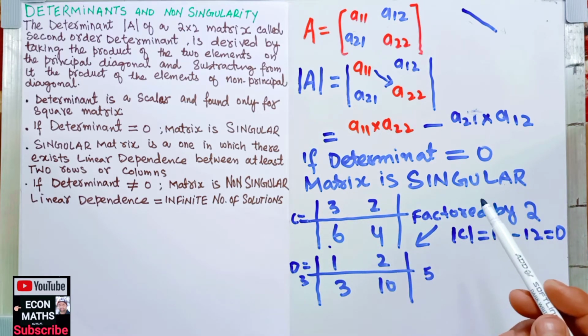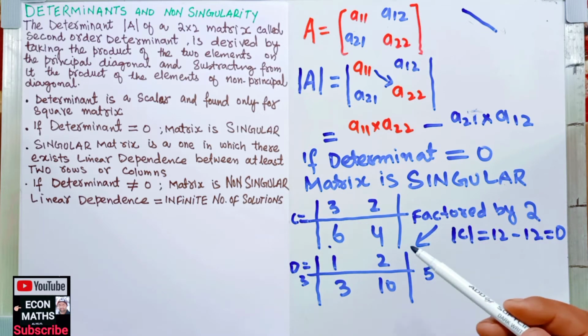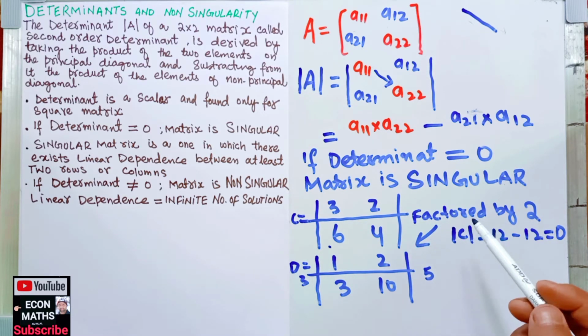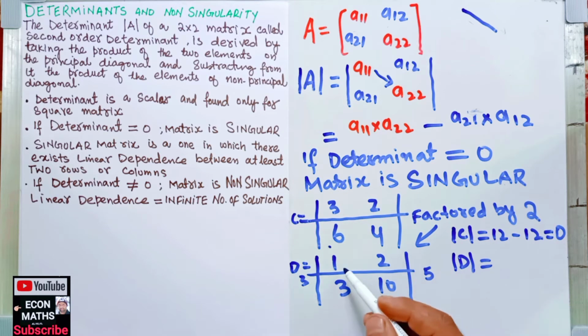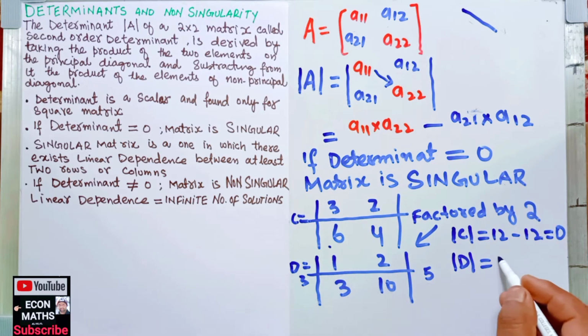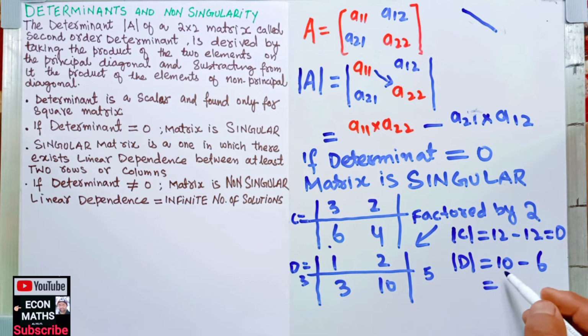But if the determinant is not equal to 0, let us say here the determinant of the D matrix is 1 into 10 is 10 minus 3 2s are 6. Here we see the determinant is 4, which is not equal to 0.